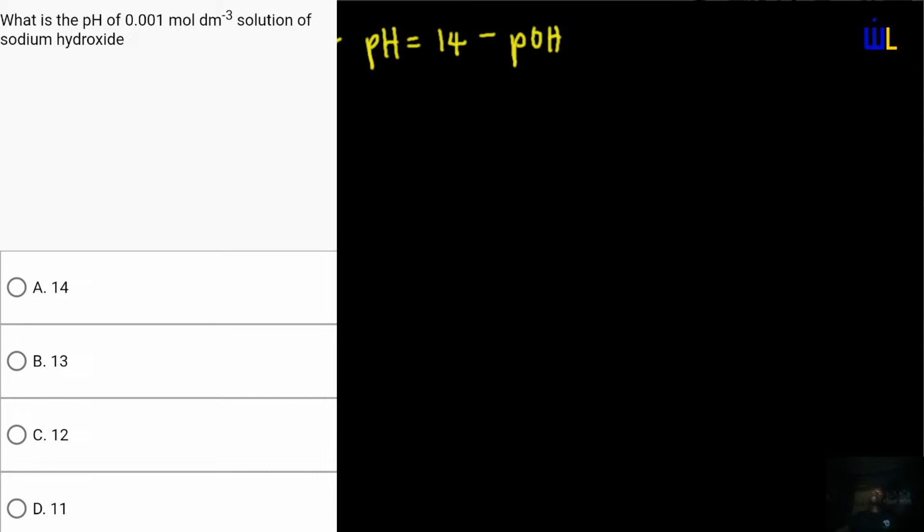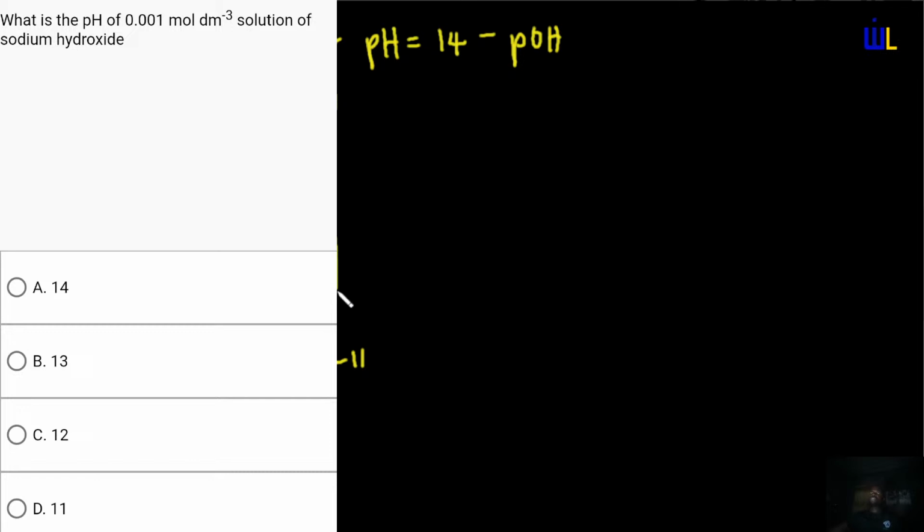Now if we continue with this, what we are going to get is 10 raised to power minus 11 as our concentration of hydrogen. Now this is the particular one that we can now add to this.